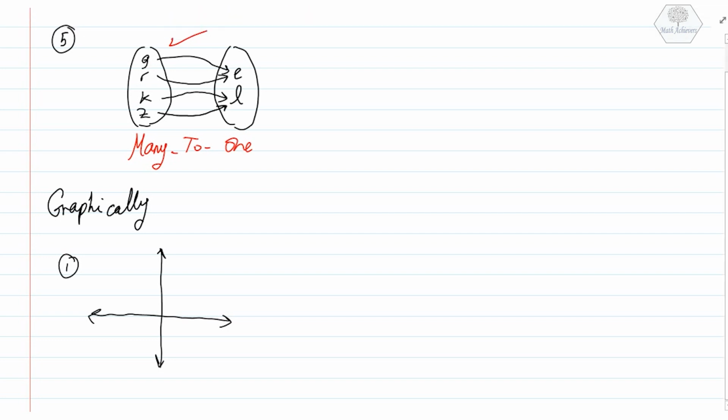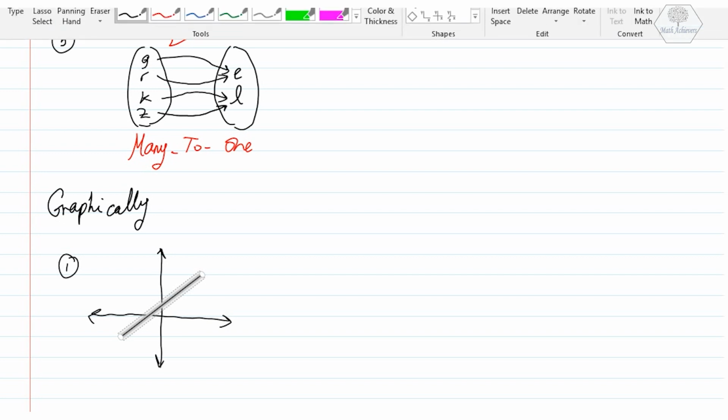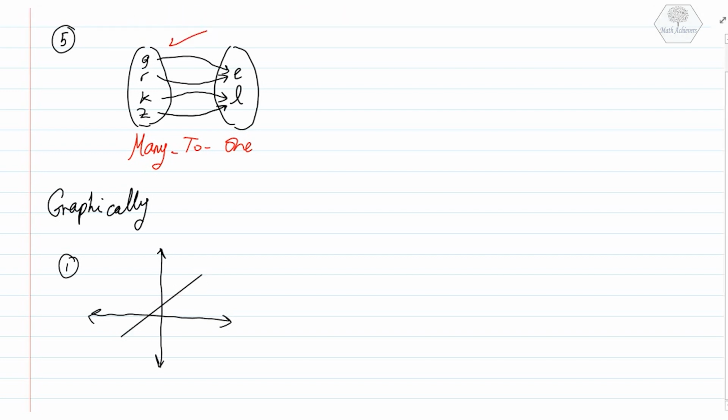This is a straight line. To test it graphically, we have two tests. The first test is the vertical line test. This tests if a relation is a function or not.